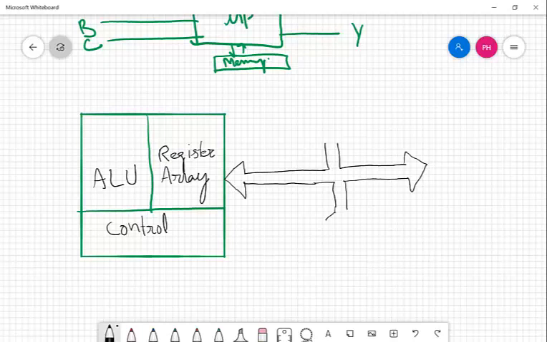At one end, it communicates with what we call memory, where instructions are stored.